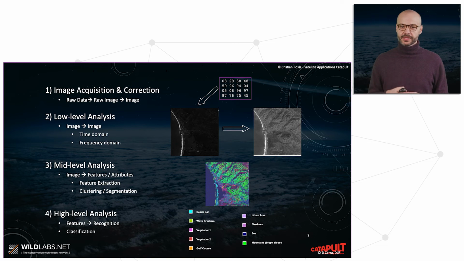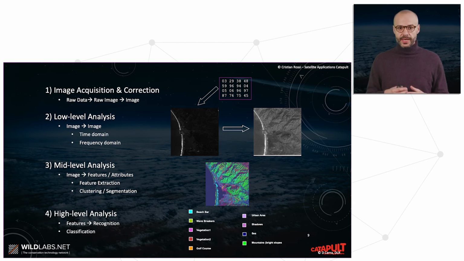Once we got a better representation of our image, a sort of image enhancement, we can do the mid-level analysis, where we start extracting information out of it. So, for example, in this case, we want to create a land cover map, where from this image we get different portions of the land represented properly and classified properly.